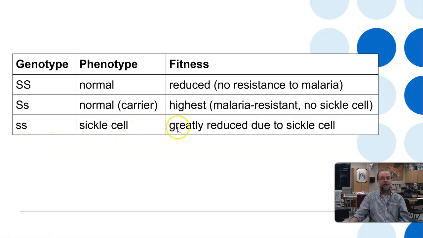Conversely, if you have sickle cell, your fitness is greatly reduced because of the sticky blood cells and also the reduced ability to carry oxygen. In the middle here, if you're a carrier, if you're heterozygous, you actually have the highest fitness because, number one, you don't have sickle cell, but you're also malaria resistant.